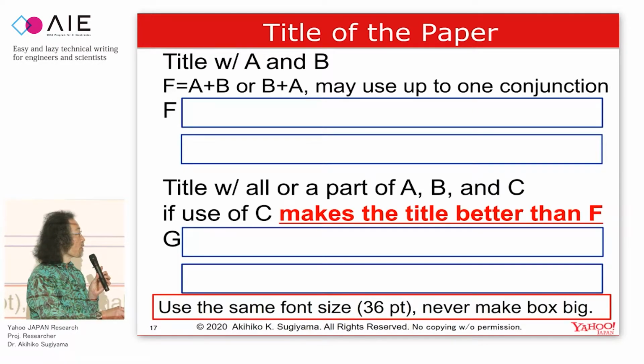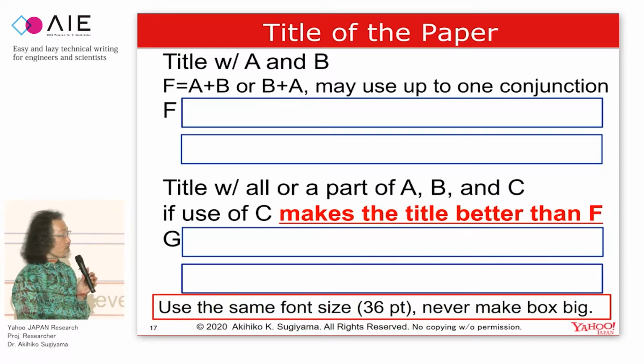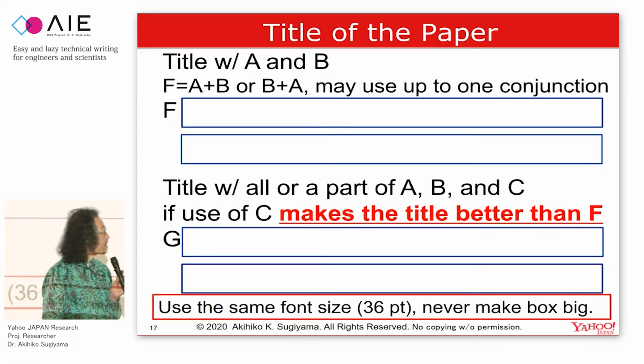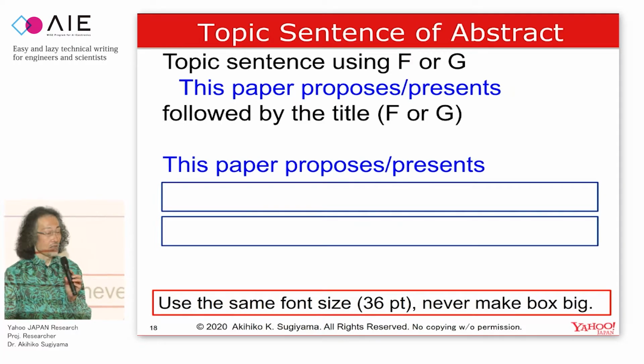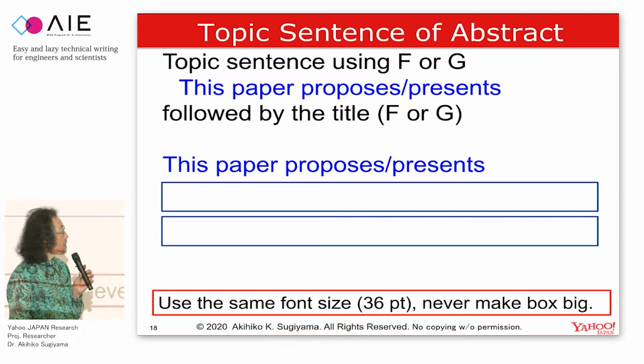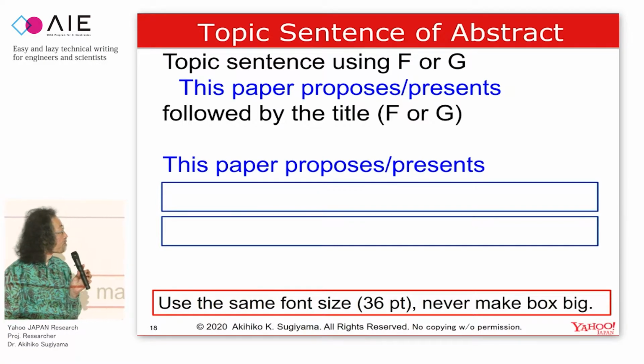Now there are two components, A and B, so that's why I am allowing two boxes, not only one. And then once you have designed the title of your paper, the topic sentence, which is the first sentence in the abstract, can be designed like this.